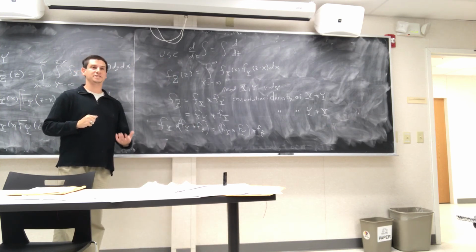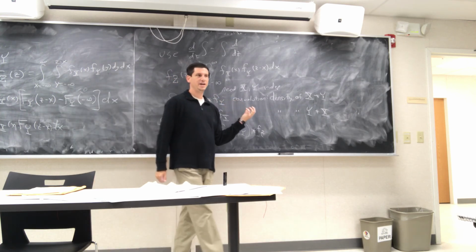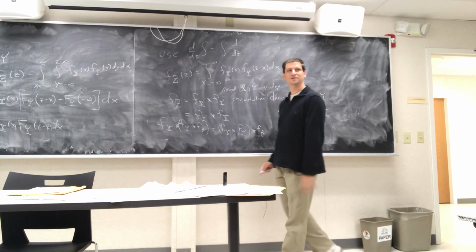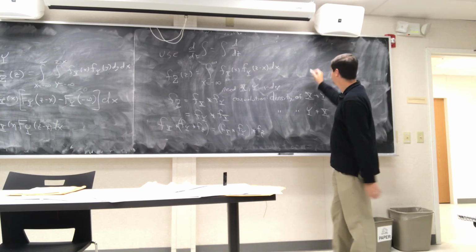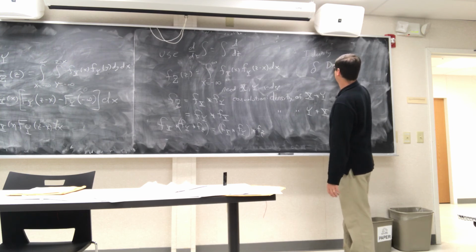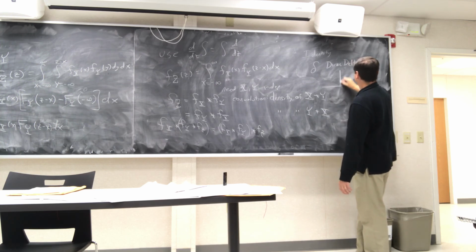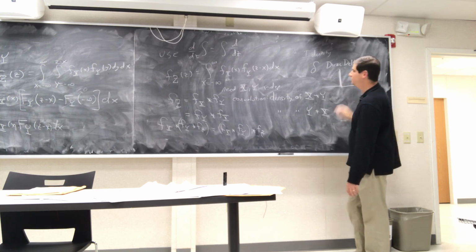Now you can ask about identity and inverses. Inverses is going to be very hard. There is an identity element. The identity element is basically the Dirac delta functional. It's not really a function.